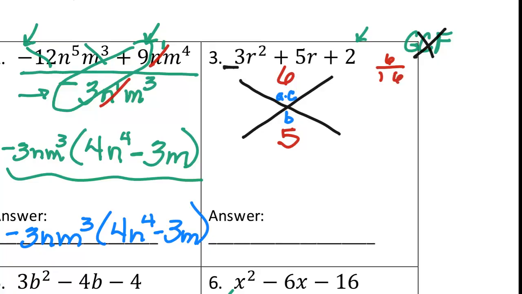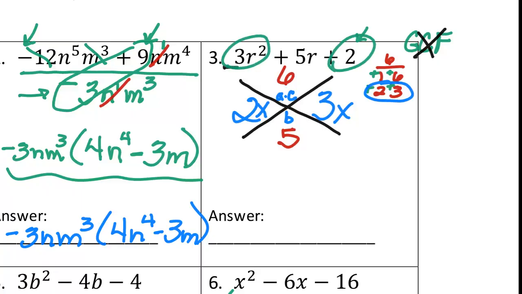All right, so I need factors of 6 that add up to 5. 1 and 6, 2 and 3. And this is positive, so these are going to be positive. So what's going to work? 2 and 3. All right, so we rewrite this trinomial as 4 terms. First term stays the same. Last term stays the same.